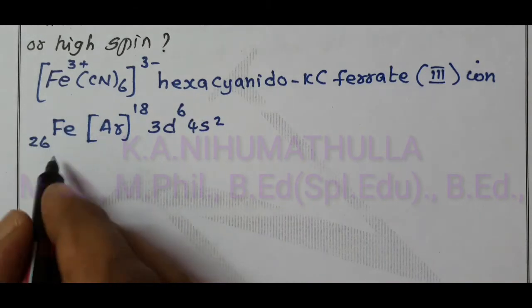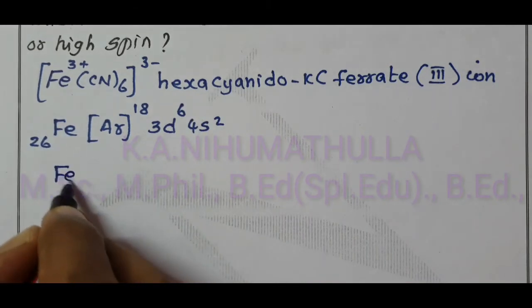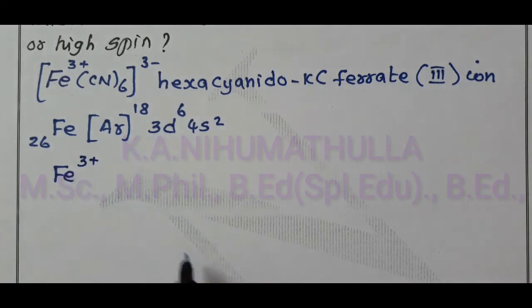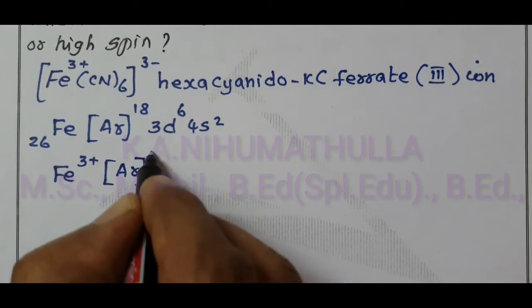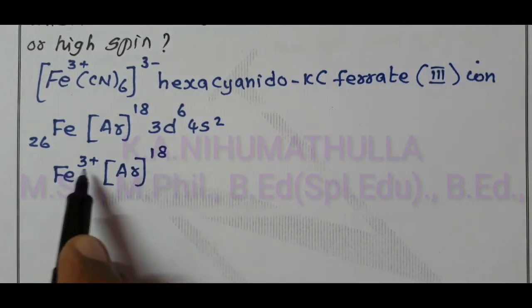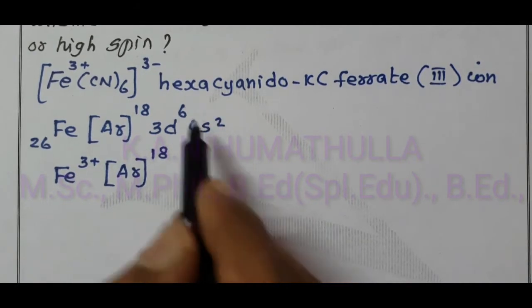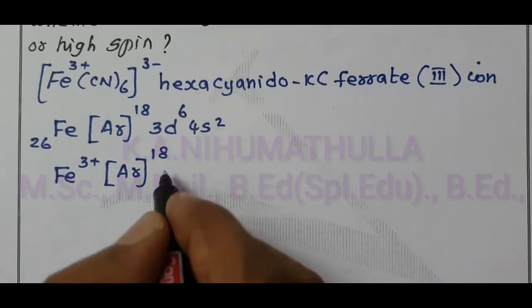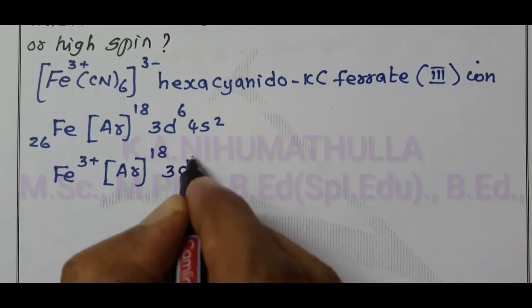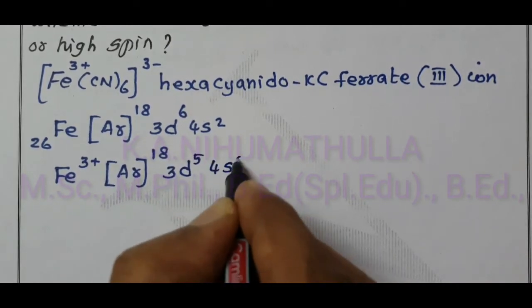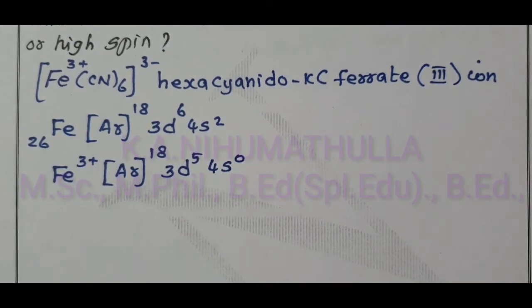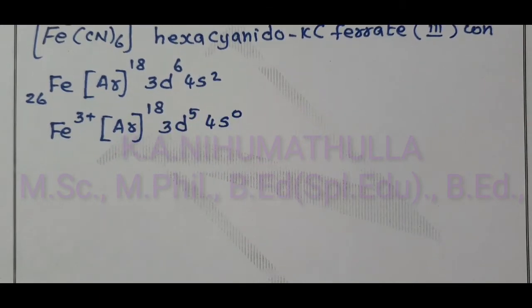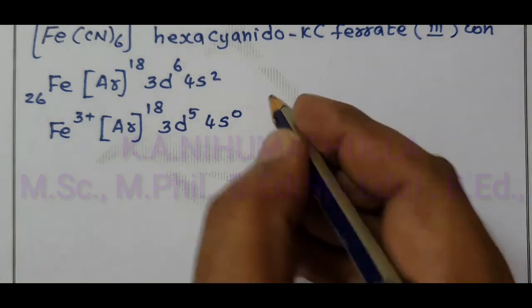But in the given complex, iron is in the 3+ oxidation state, so we have to remove 3 electrons, 2 from s and 1 from d. Therefore, 3d5, 4s0.